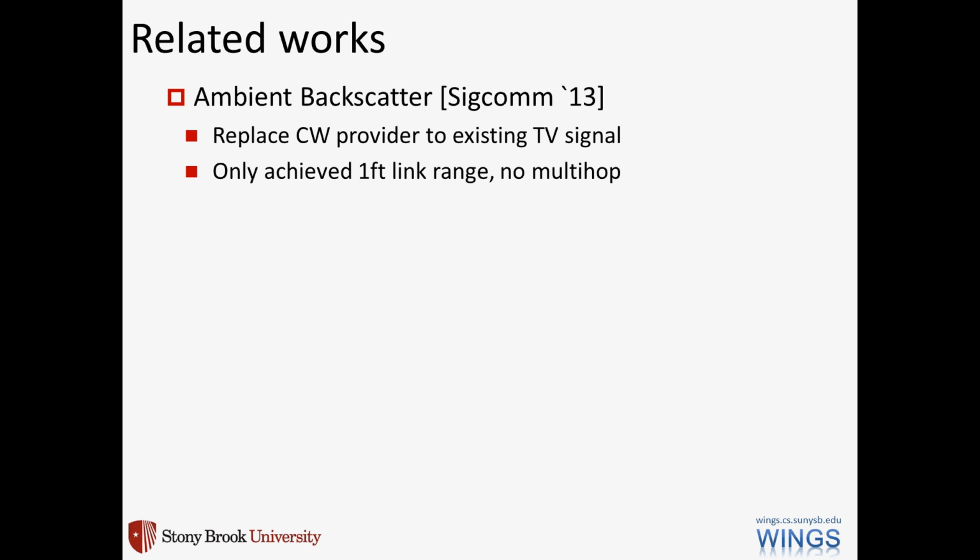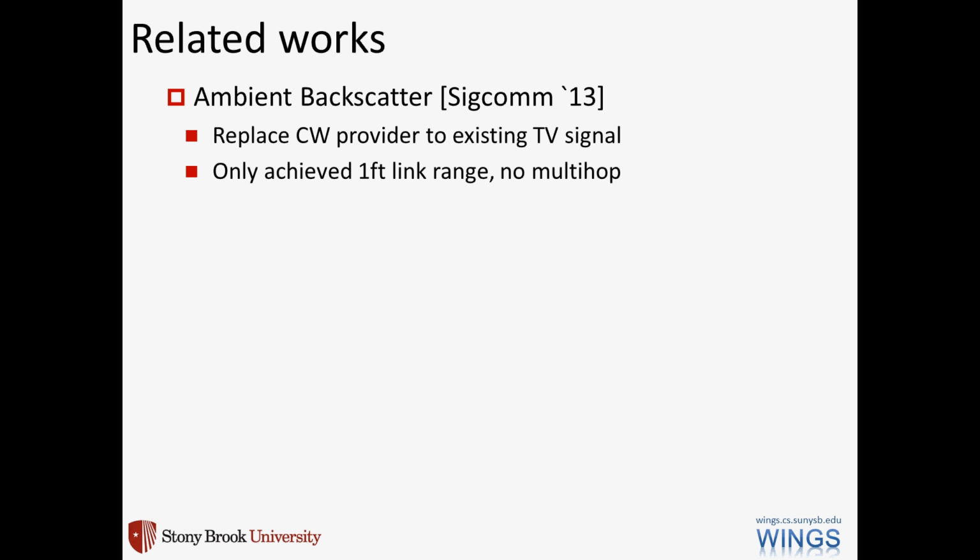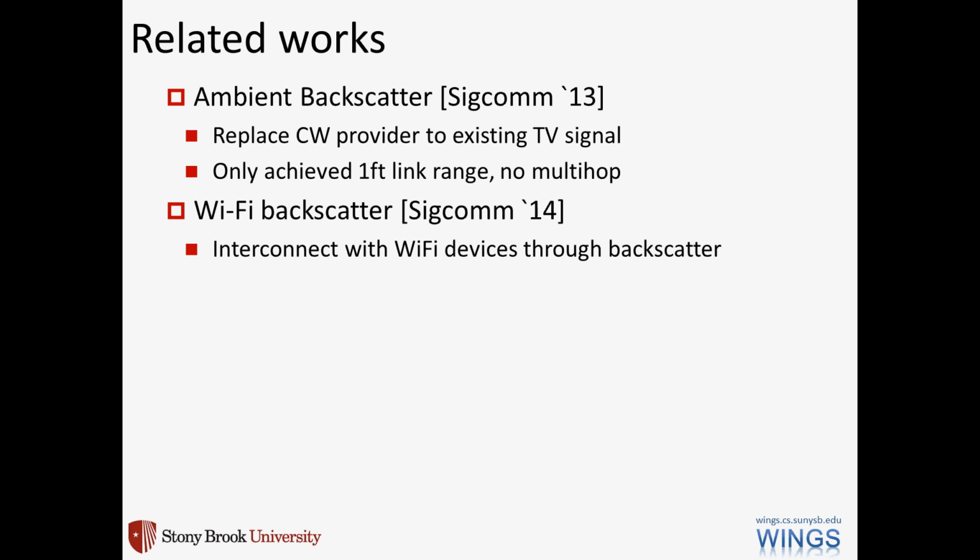Related work. We are not the first ones doing this. In SIGCOMM 13, there was ambient backscatter. They replaced the carrier provider with existing TV signal, but they only achieved 1 foot link range, and there is no multi-hop, so that is not scalable.